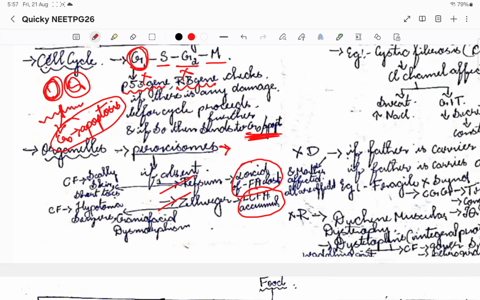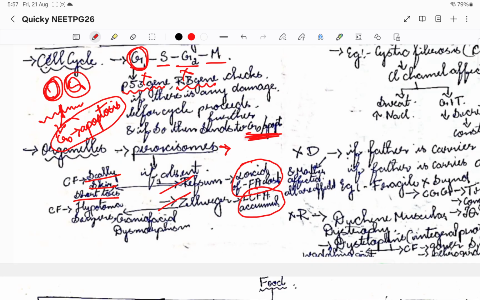then it is going to form Zellweger syndrome. How is it going to present? Refsum disease presents with scaly skin and short toes. Please make sure it is in your sticky note: these two things, Refsum disease and Zellweger syndrome.